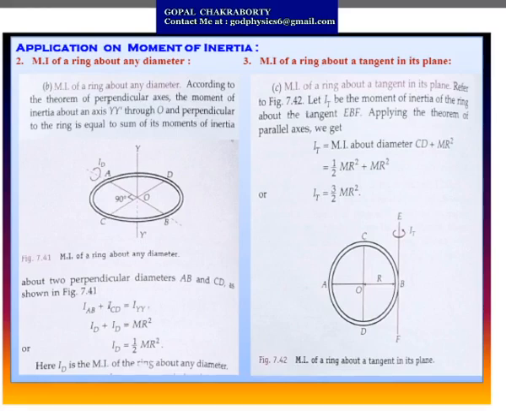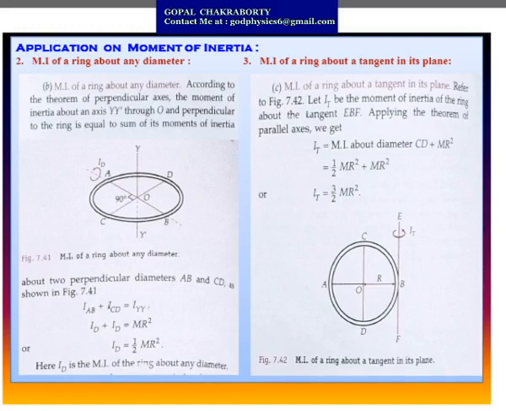I haven't derived I YY dash, the moment of inertia along the center axis, again because I already derived it in the last problem, so I simply put in the value. So I D, the moment of inertia of the ring about any diameter, equals half M r square.